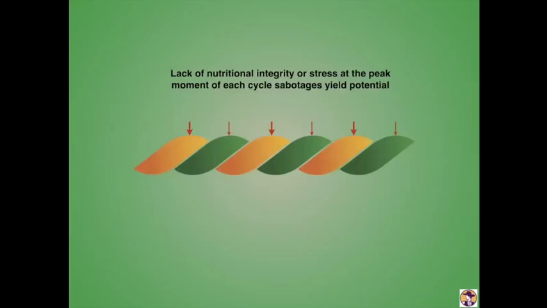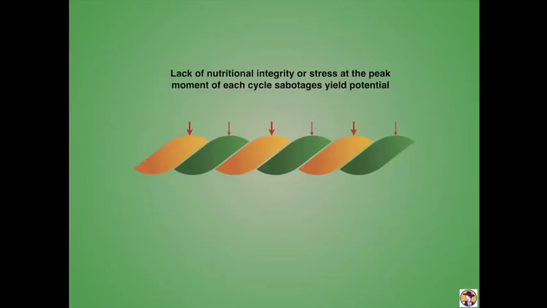At the peak moment of that reproductive cycle, right at the moment where the majority of the blossoms on a tree have just been pollinated, you have this peak, this crest. And at that peak moment, if you have any nutritional stress, lack of calcium, lack of phosphorus, boron, zinc, manganese, copper, as the case might be, that nutritional stress is going to lower the yield potential by lowering the quality of pollination and bud development that is happening. So this is where you really have an impact on yield.